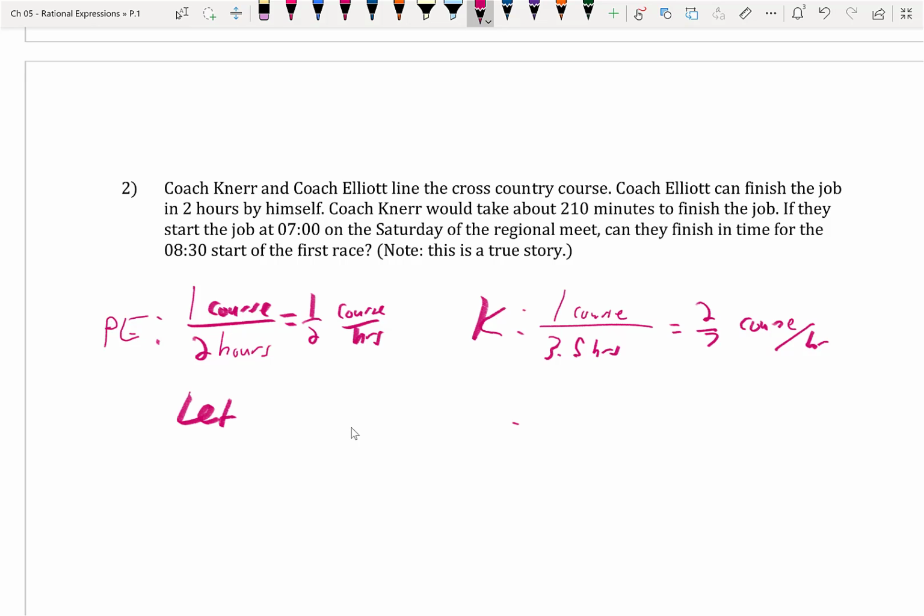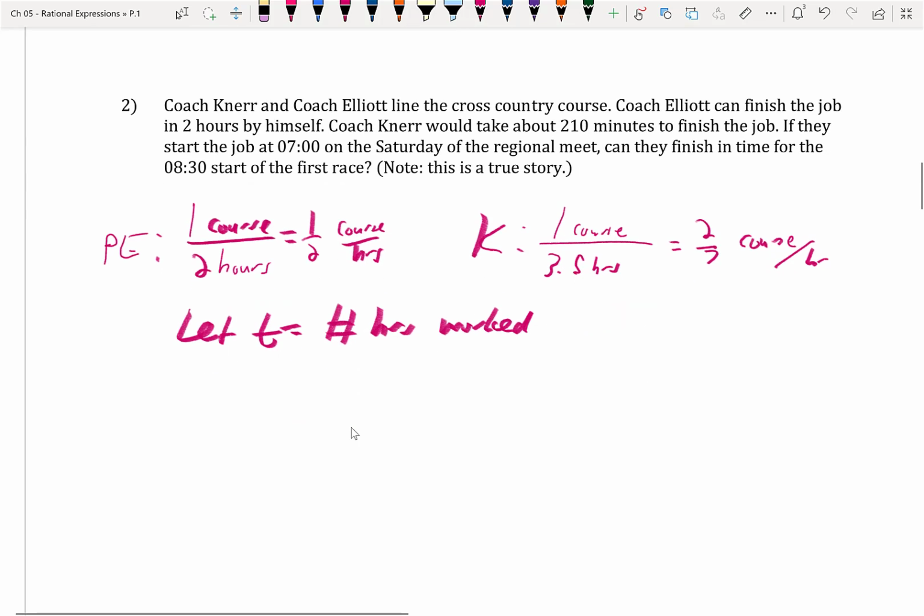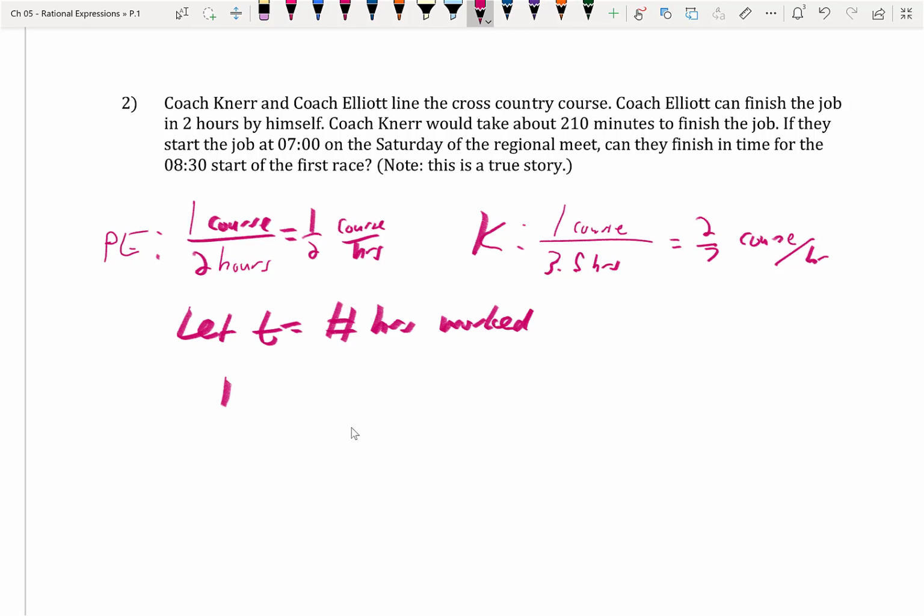And then like before, we're going to let T equal the number of hours we work. Unlike before, this is a little easier because we're starting and stopping at the same time. We're both working the same number of hours. So my 1/2 courses per hour times the number of hours plus Kinnear's 2/7 courses per hour times the number of hours equals 1 course.